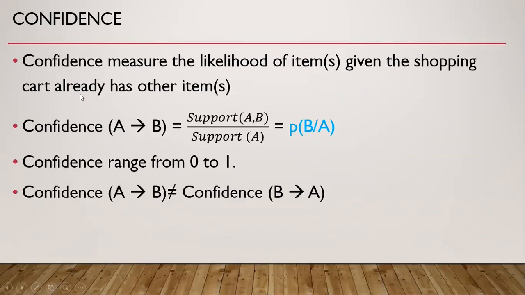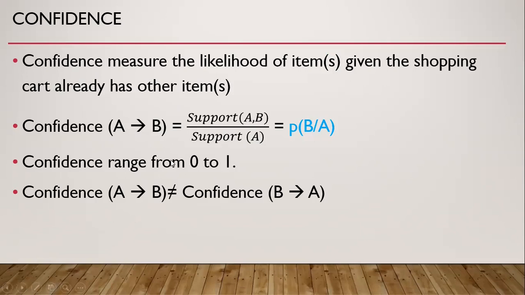Next term is confidence. Confidence measures the likelihood of items given the shopping cart already has another item. So confidence A to B is equal to support A, B divided by support A, which is equal to the conditional probability of item B, given that item A has already been purchased in the cart.